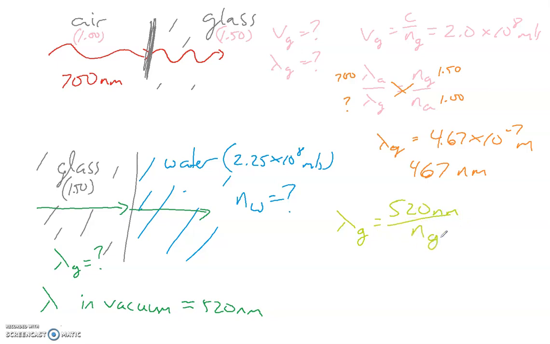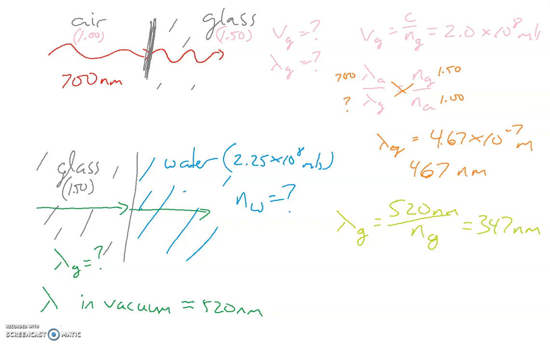So we take the 520 nanometers and divide that by 1.5. We know it should get smaller. It's never going to be bigger than it is in a vacuum. So we'll divide the two out, and we will get approximately 347 nanometers for the wavelength of green light in glass.